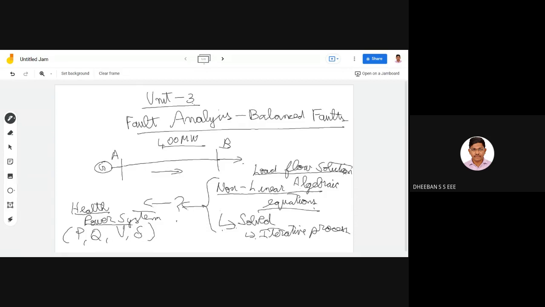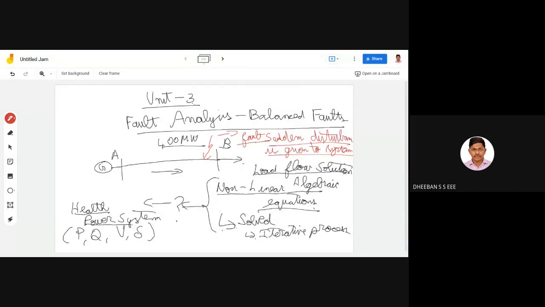Now the problem arises when a sudden disturbance is given to a system. This sudden disturbance is nothing but your fault.